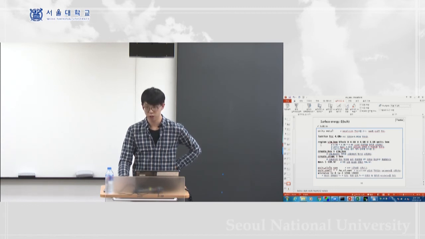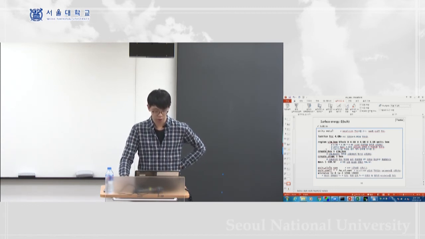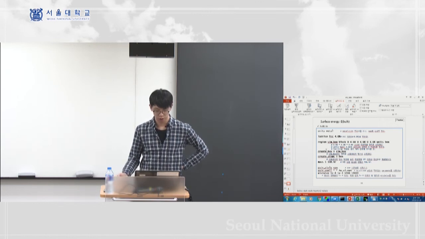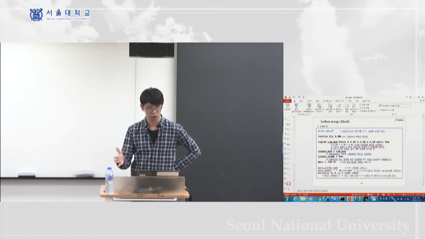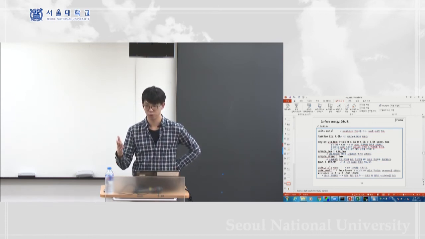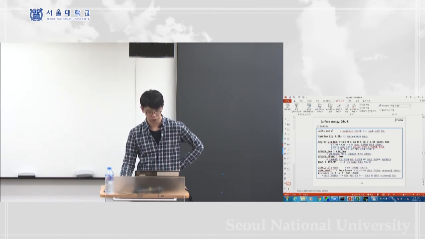Once we make this region, we can make the simulation box or create atoms within this box. So first we have to create this box. The sim box is going to be the box where we perform the simulations. And this one command means that we're going to create one box as the simulation box. And we're going to create atoms in the box.